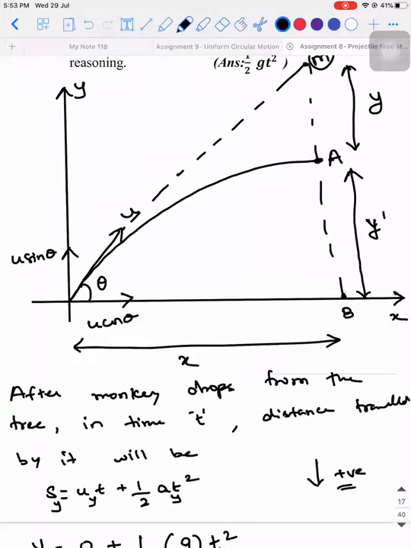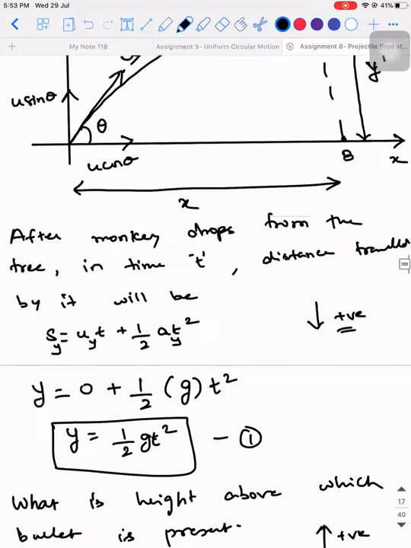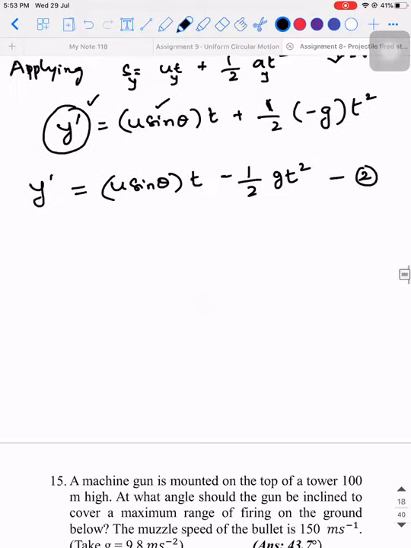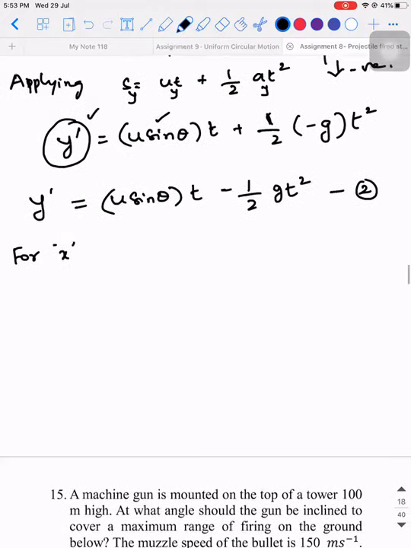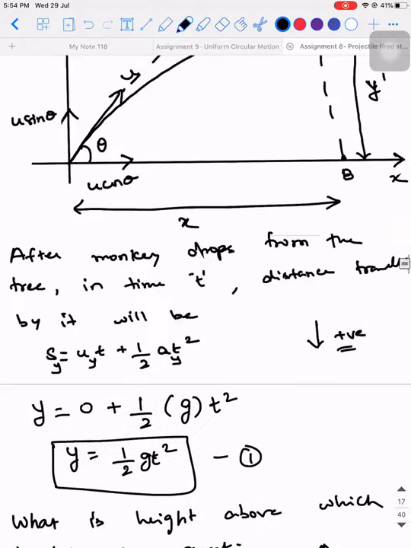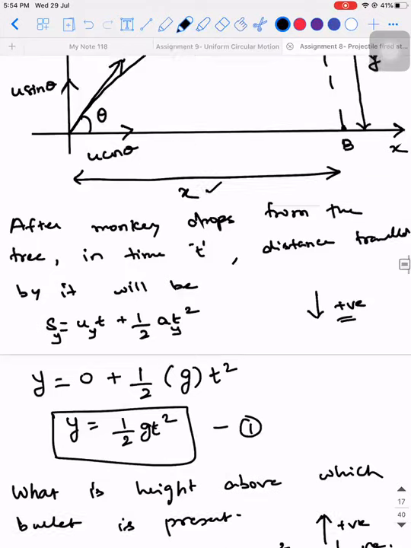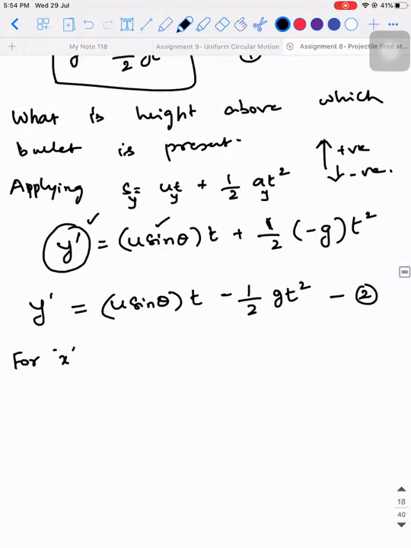First I solved from the monkey's perspective. I calculated how much distance it has traveled. Now I'm trying to calculate how the bullet is traveling. Similarly, if I want to know the value of x, the horizontal distance, observe. If I want to find this distance x, can you tell me what equation I should apply? Apply s is equal to ut plus half at square along the horizontal direction.